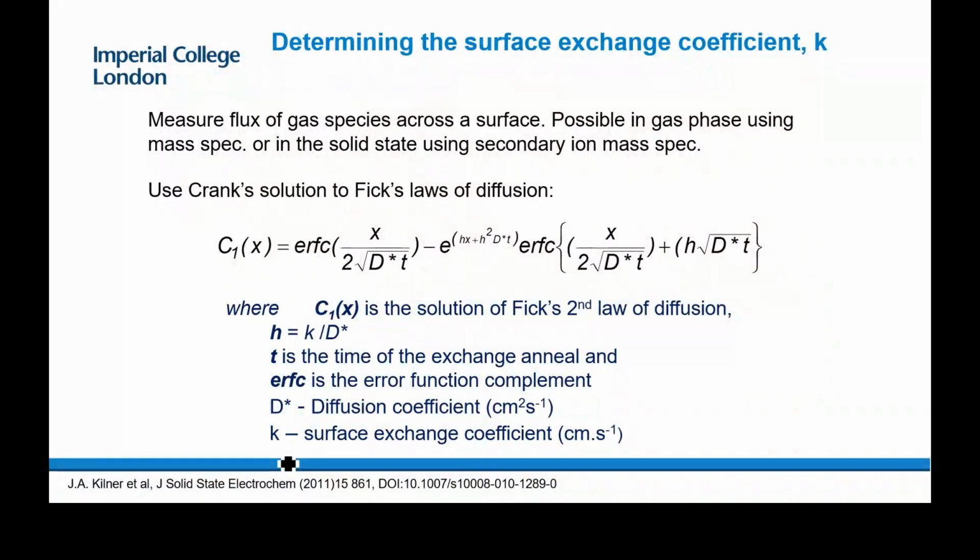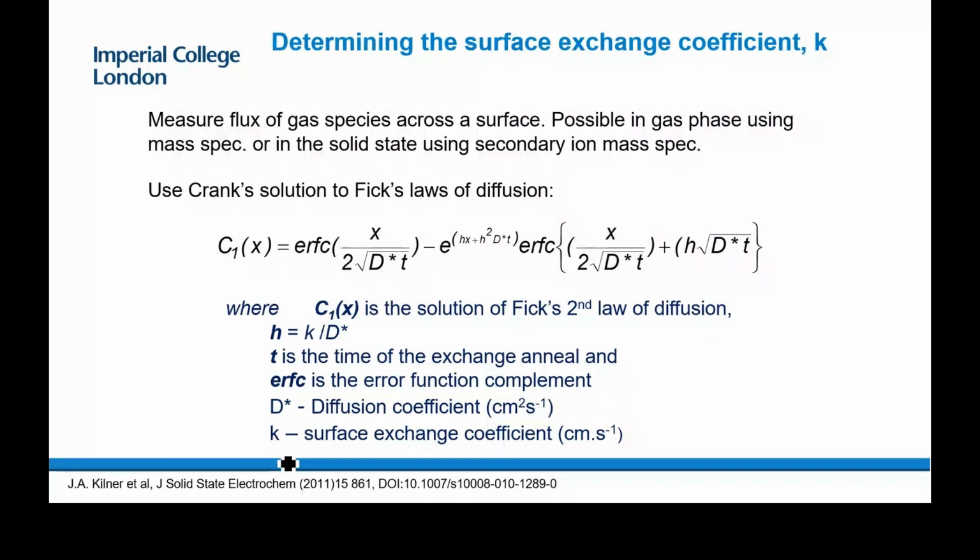So we have some boundary conditions set up which allow this particular model to work. And so we're now looking at the Crank solution to Fick's law of diffusion. So the C(x) is a solution, relating to the concentration of species in the gas phase, the background concentration of your species, etc. Okay, and then you're extracting the D star, which is your self-diffusion coefficient. And then you also have this h parameter.